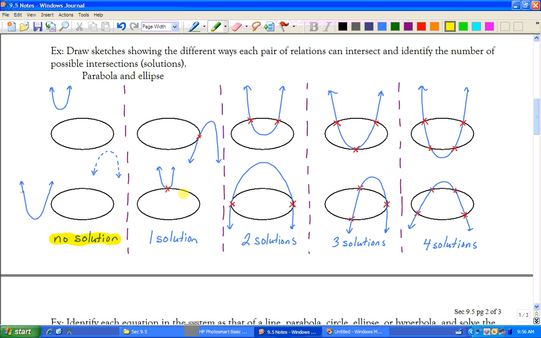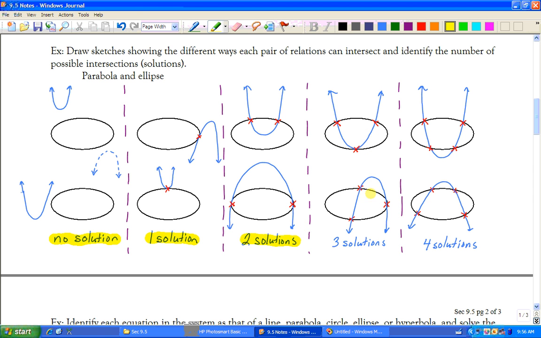In our next pairing, just a couple examples. Here's our ellipse, and our parabola just touches at one point. It can touch on the side, it can touch at a vertex, so that would be an example of one solution. Next pairing, here's our ellipse. This time our parabola intersects twice. We could also look like this and intersect twice, so that would be two solutions.